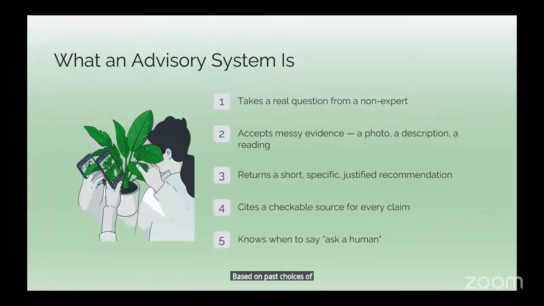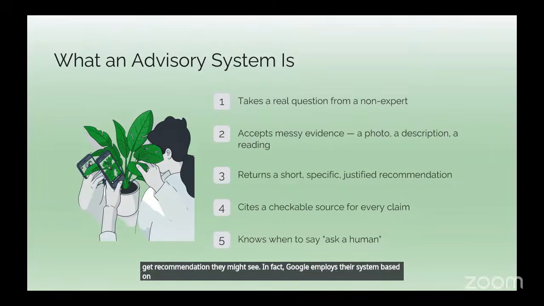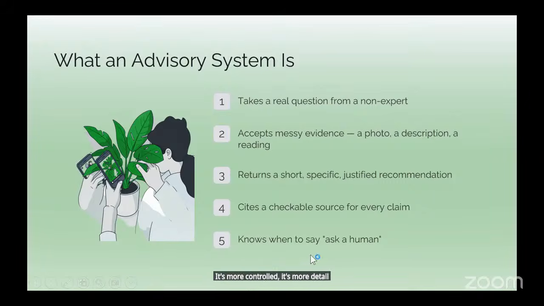I don't know if you have Netflix in Nigeria, but this is a service with many kinds of recommender systems. In fact, Google employs a system based on past searches. Google will give you results that are compatible with your searches. Now, an advisory system is one step up from this. It's more targeted, it's more controlled, it's more detailed, and it's more justified.